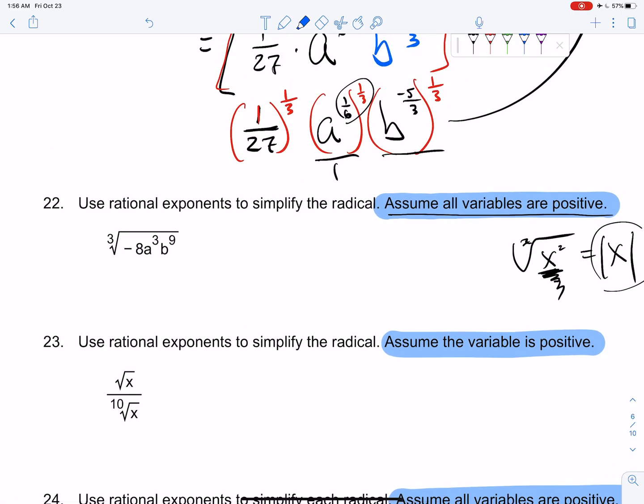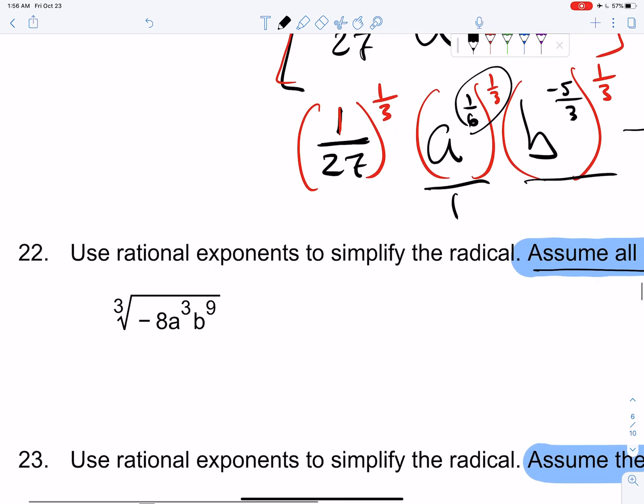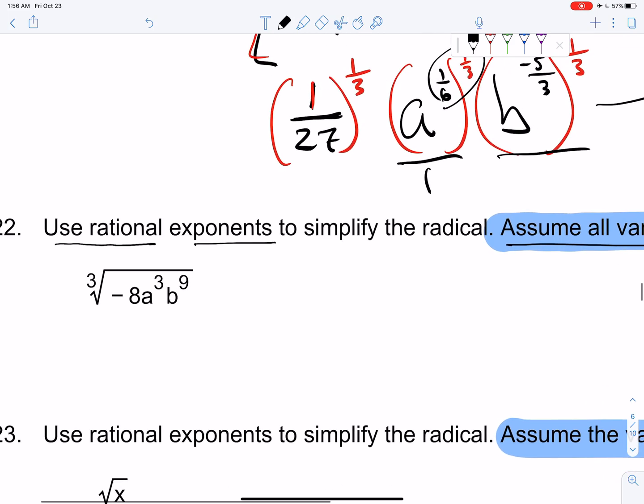Now this problem anyhow is odd, so it wouldn't be an issue. This is the cube root. Now it's asking us to use rational exponents. We are asked to take this radical and change it to a rational exponent. So what does that mean?